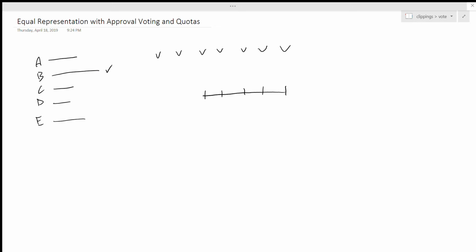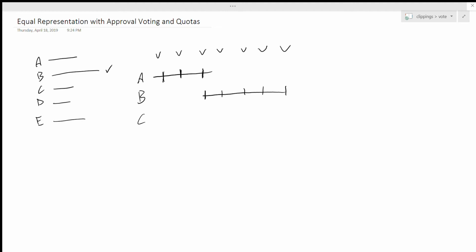What do I mean? So say the supporters for A were these 3 guys. You have A and B. And so A would be a good second candidate because he covers these 2 guys, gives them a representative, and he also covers this guy, so this guy is lucky he likes both of these candidates and he's going to be represented by both.